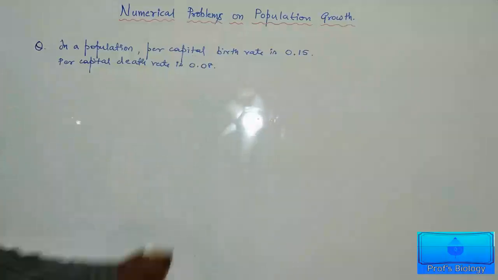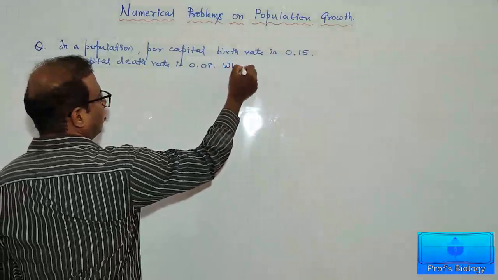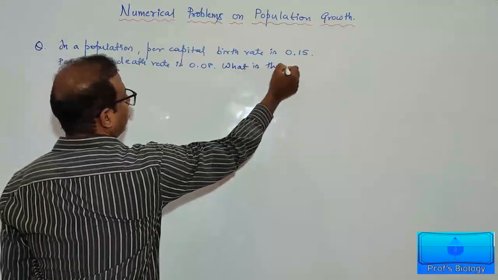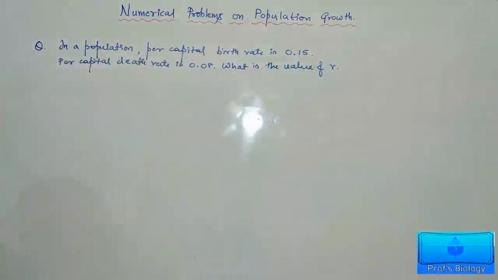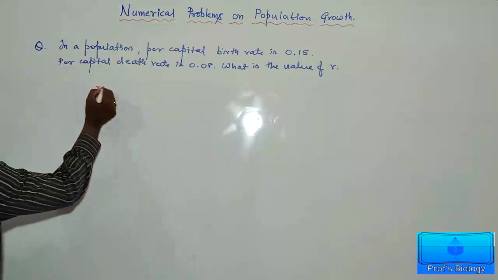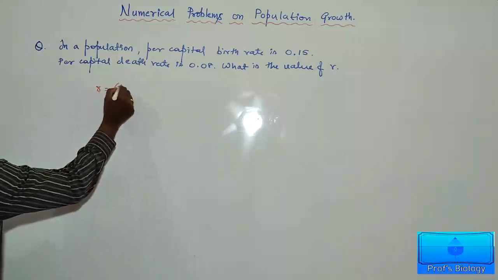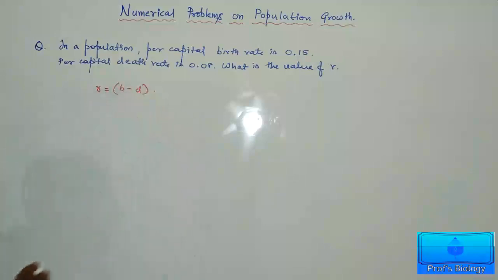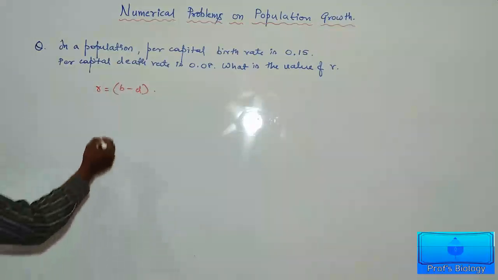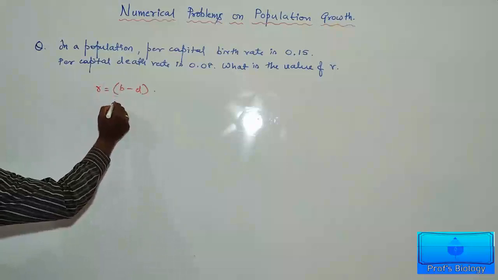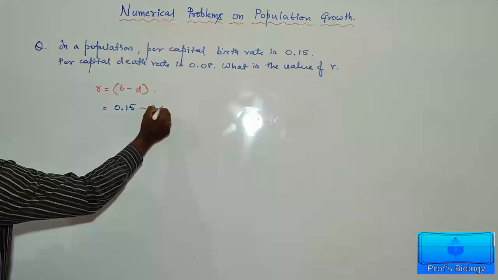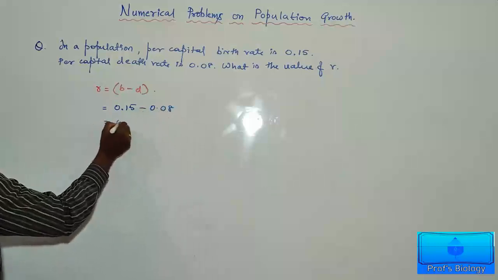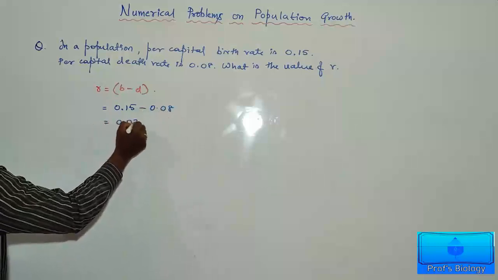What is the value of R? Now we have to use the formula R equals B minus D. So this would be 0.15 minus 0.08, which should be 0.07.